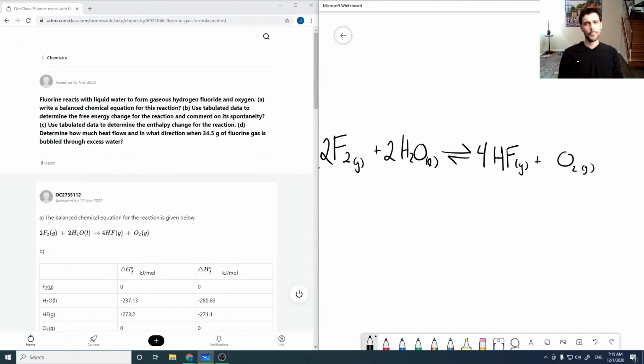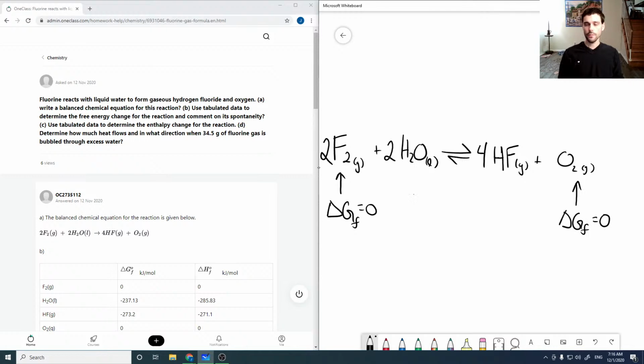Okay. And then use tabulated data to determine the free energy change for the reaction. Okay, so fluorine gas is in its standard state, so our delta G of formation is 0. Oxygen gas is also in its standard state, so delta GF is 0.